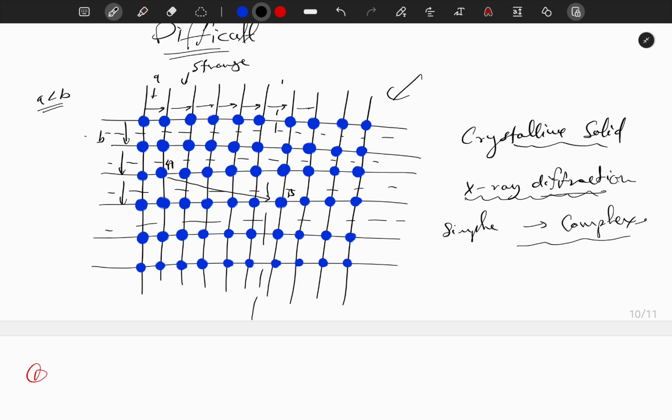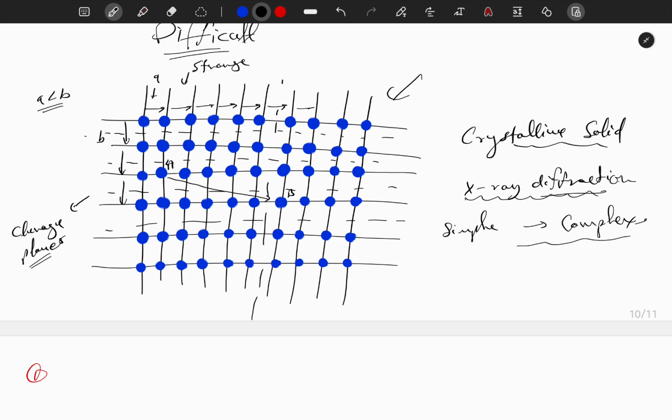So these planes are called cleavage planes, along which we can easily cut a crystal. If you try to crack a crystal with a knife, it will often split along such a plane.